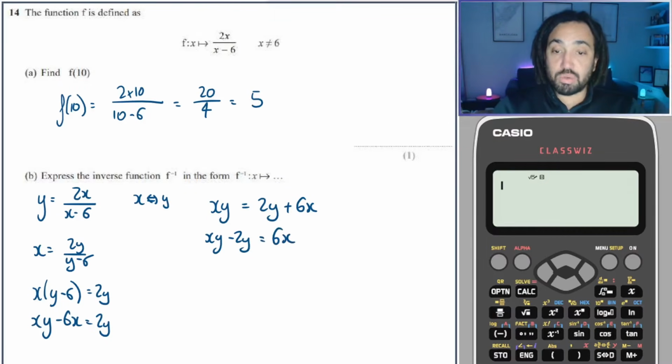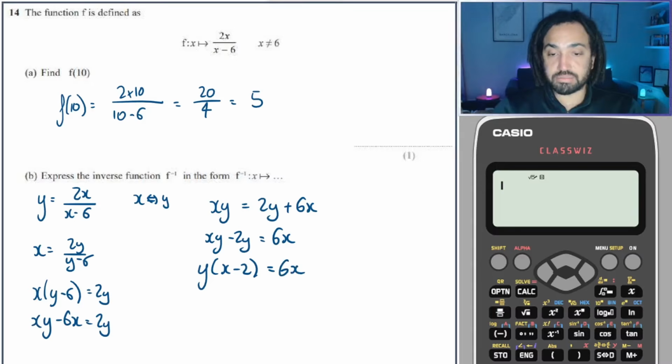This gives me all the y's on the same side, which means I can then take out a factor. So take out a factor of y, it leaves me with an x and a minus 2, and that equals 6x. And then finally I can divide through by the factor of x minus 2.